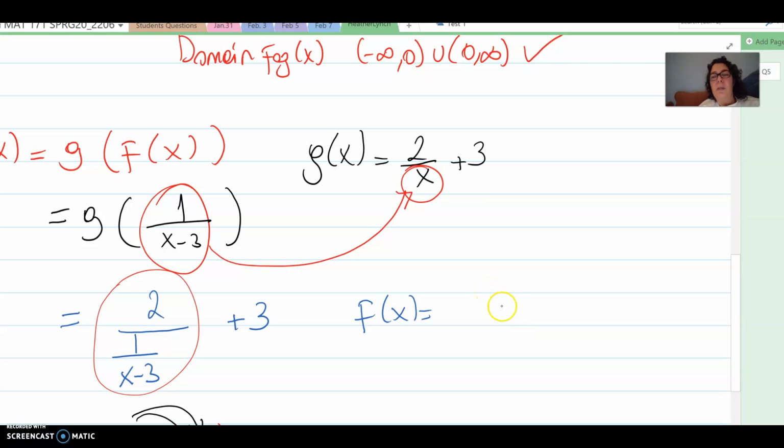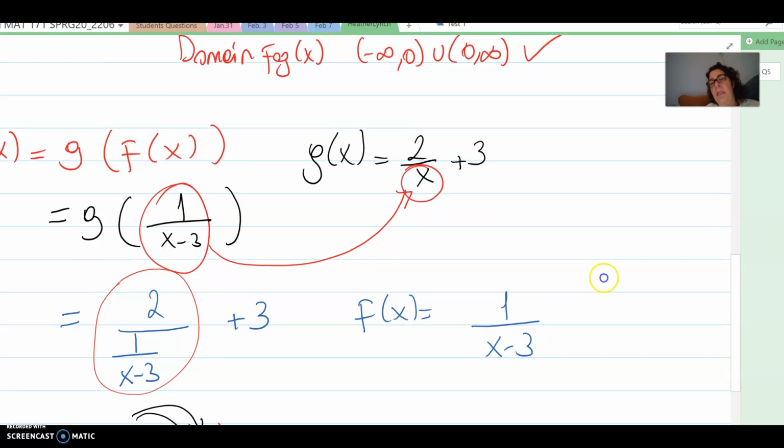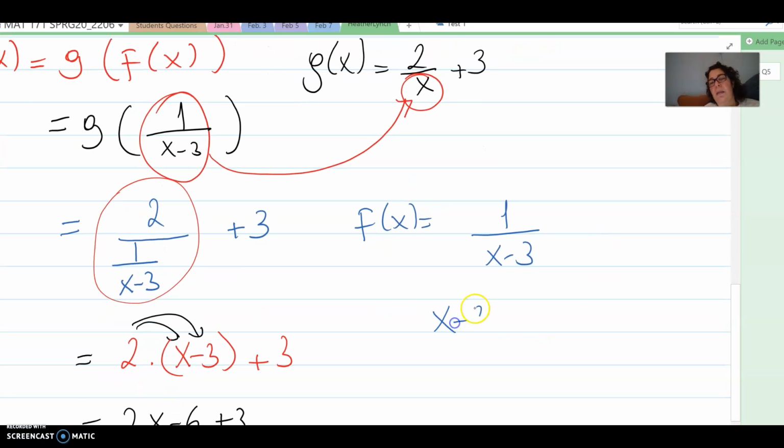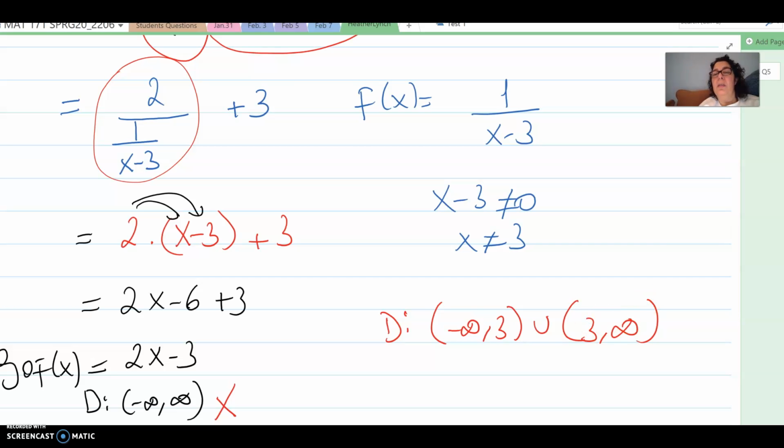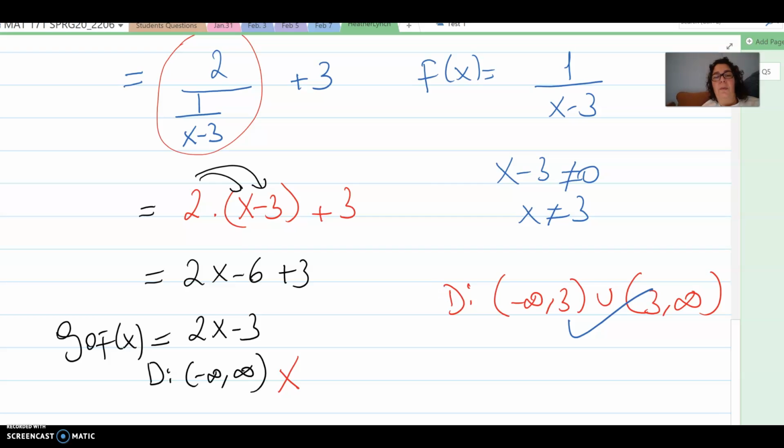The inside function was 1 over x minus 3. Yes, it does have a restriction. x minus 3 cannot be equal to 0. x cannot be equal to 3. So the domain then will be negative infinity to 3, union 3 to infinity. This is the domain of the inside function, and this is also the domain of g of f of x.